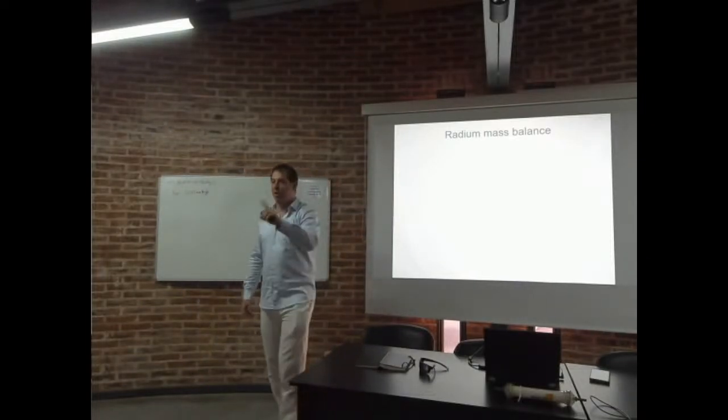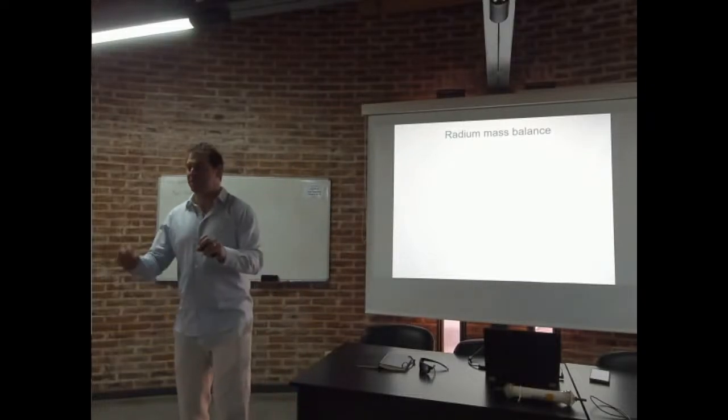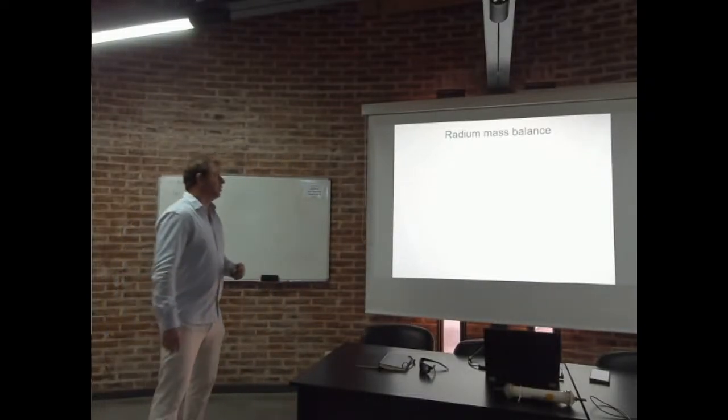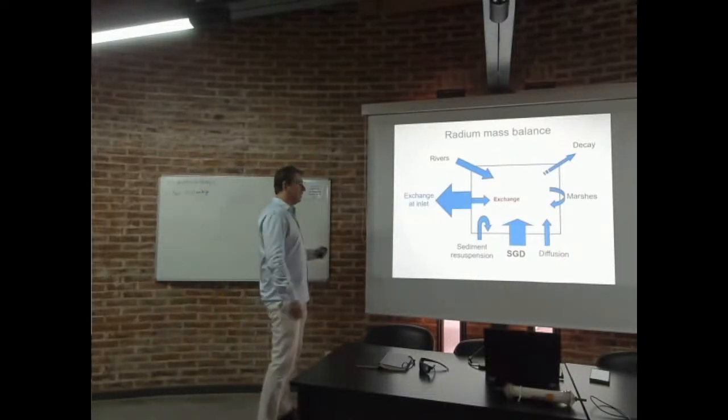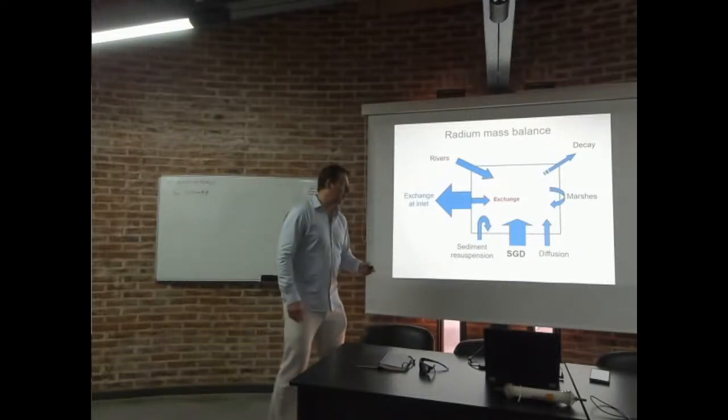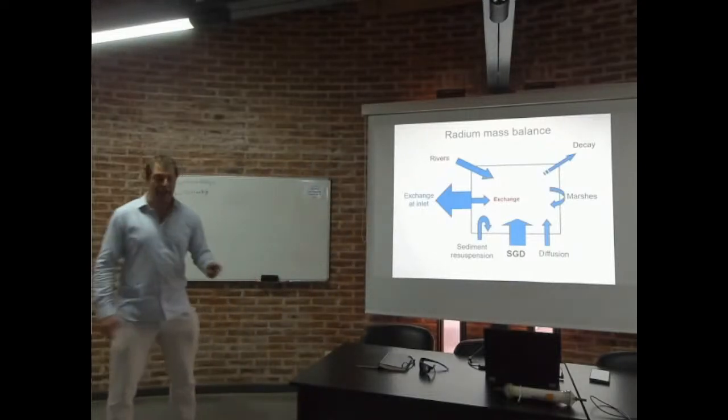Because the unknown in the mass balance is always going to be the SGD. I drew a quick box on the board yesterday, and now we're going to talk about it today.